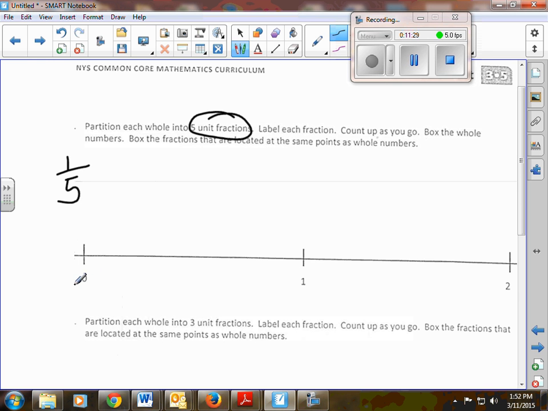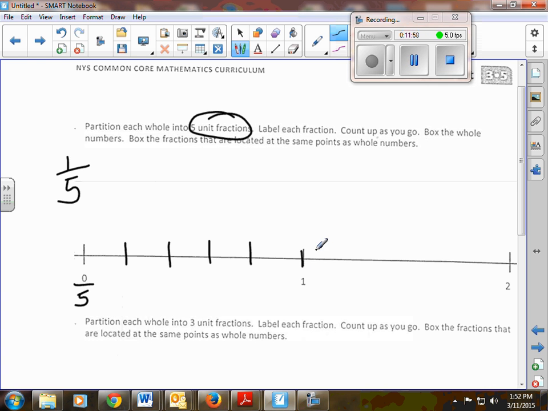So we know that this is going to be 0/5, and the whole number is here, so we need 5 spaces between 0 and 1. So let's go ahead and mark those out. 1, 2, 3, 4, and 5 would be the whole number. Now we're going to take a look at between 1 and 2 and do the same thing.